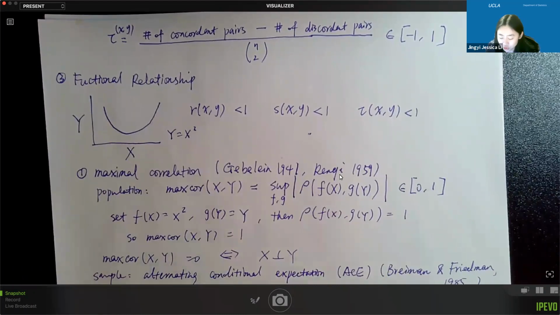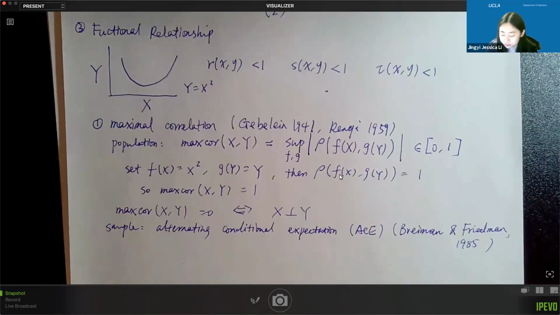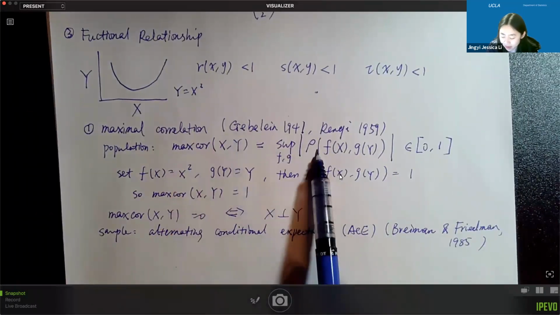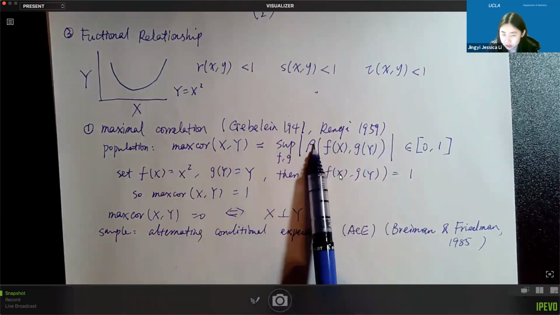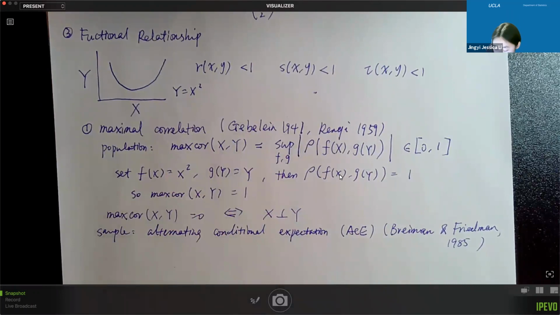To address this issue, maximal correlation was proposed as a mathematical concept: the absolute value of Pearson correlation, considering transformations of x and y, and you take the maximum over all allowed transformations. Okay, this is a very nice concept. So in theory, it can capture any functional relationship.